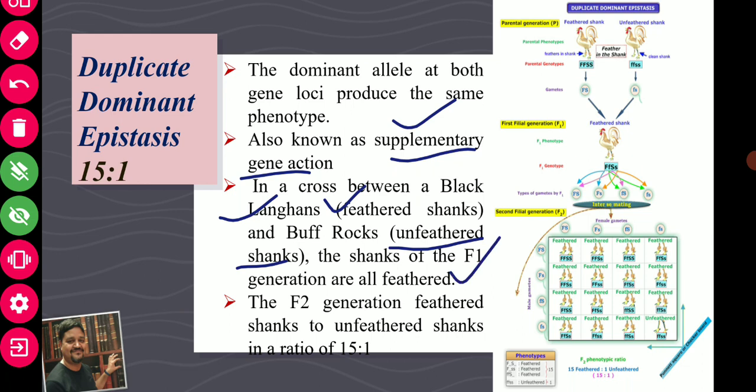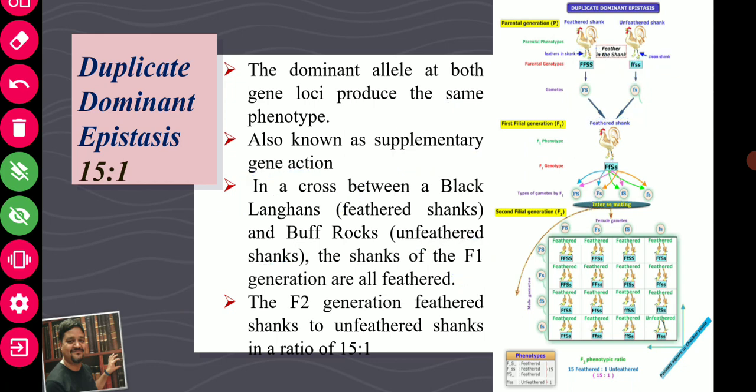Here you can see two genes are there. What are those two genes? The F and S, two alleles at different loci, are involved. When there is dominance at both the loci, it will have feathered shank. When there is no dominance at both the loci, it will have unfeathered shank. So when it is crossed, there will be feathered shank.